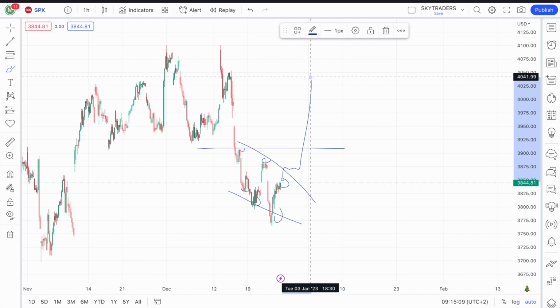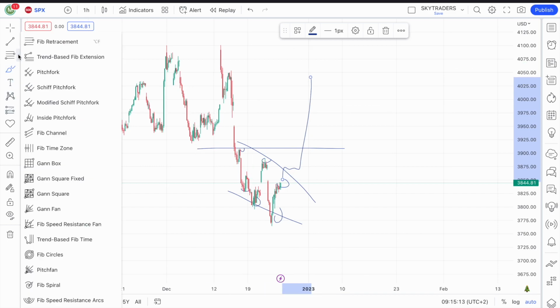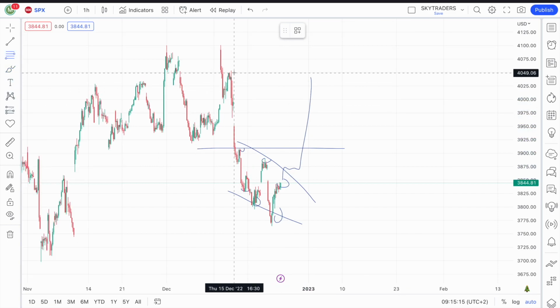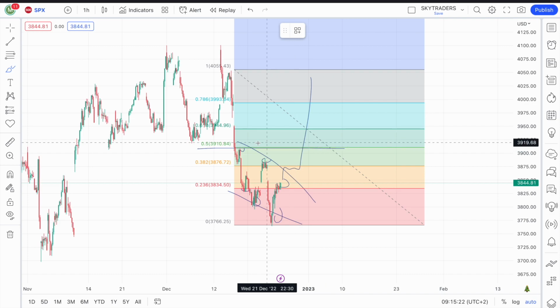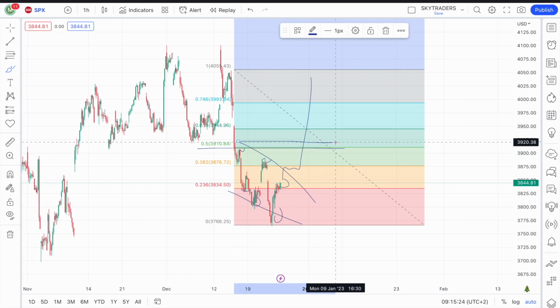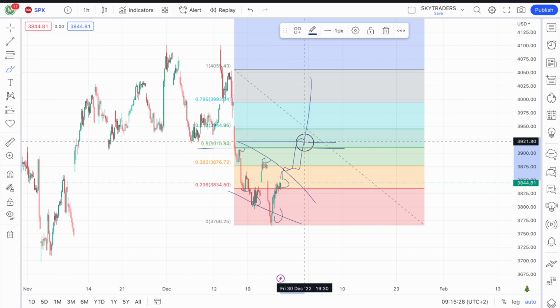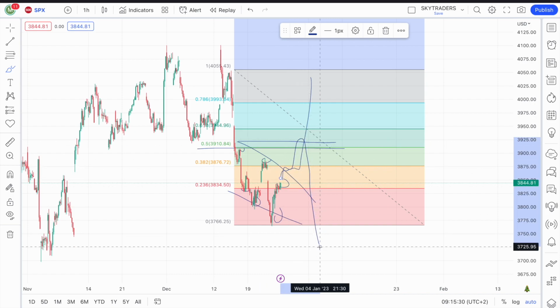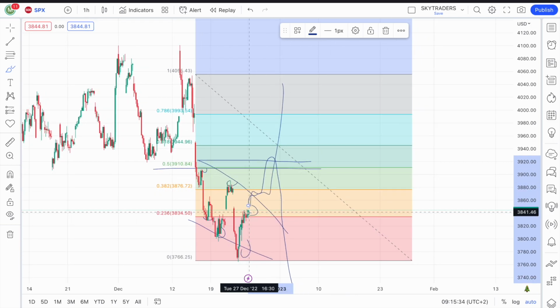Why? If we draw the 50% Fibonacci retracement level between this level and the final one, this is the 50%, right? So even if price is trying to reach this 50%, we can expect a further move to the downside, right? Price is now consolidating in this area.